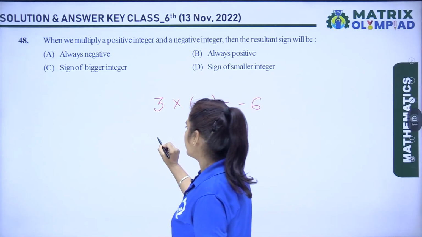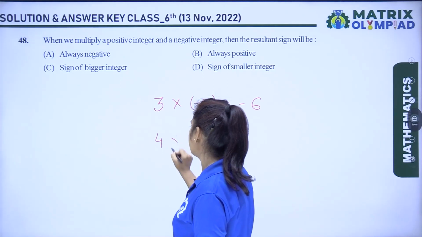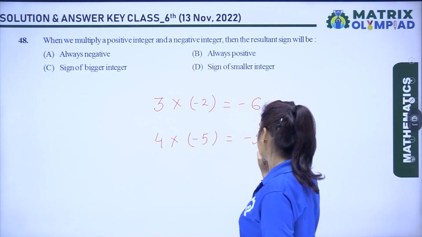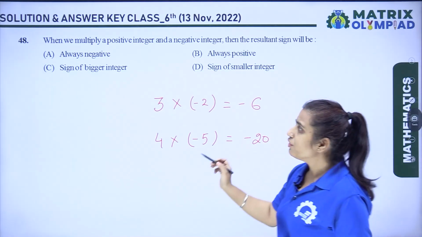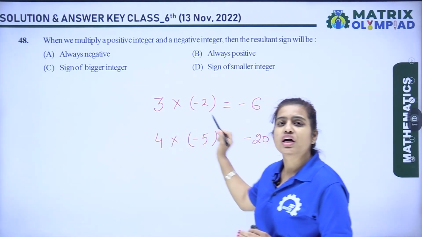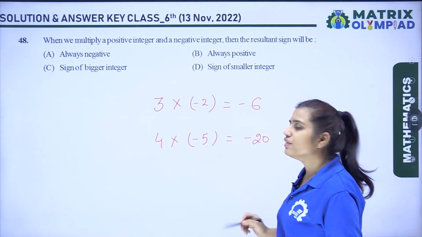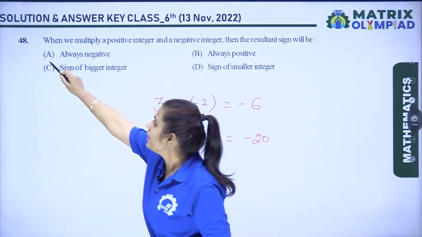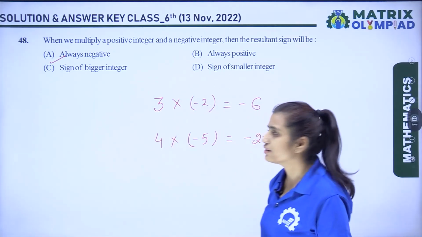Let's take another example, 4 multiplied by negative 5, that is equal to negative 20. So, if we multiply a positive and a negative sign, we always get the resultant in negative. So, option A is the correct answer.